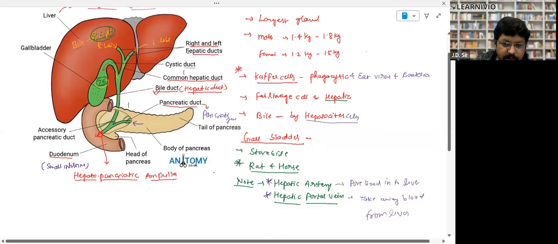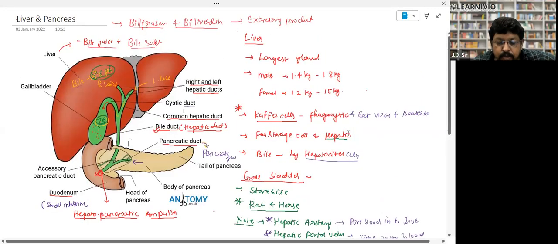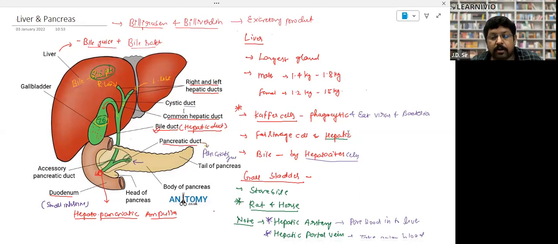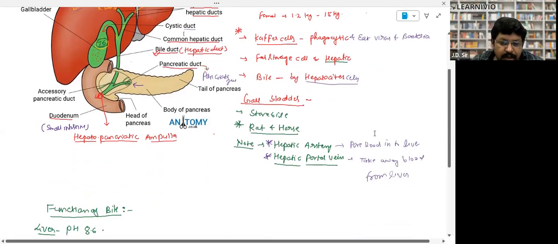One more important point, please note it down. Horse and rat do not have gallbladder. Next point.